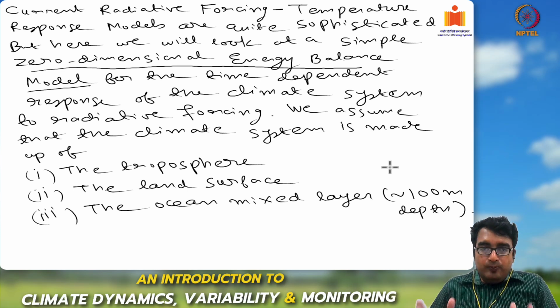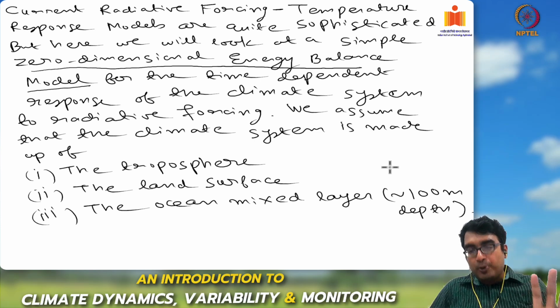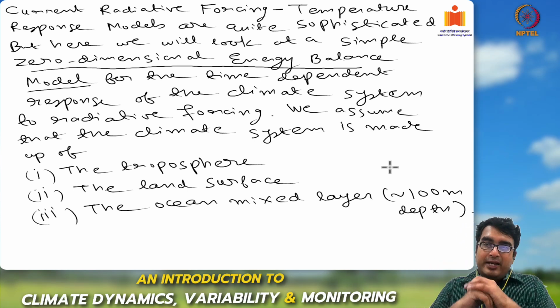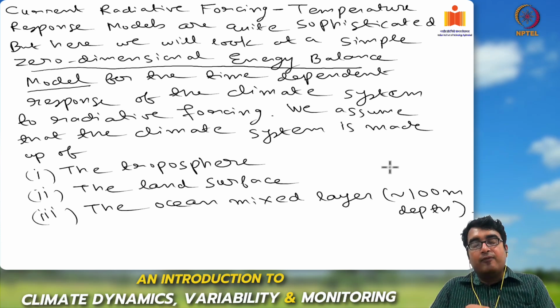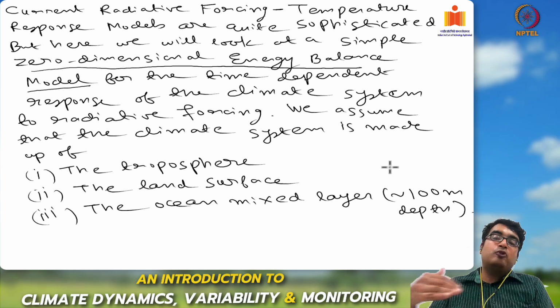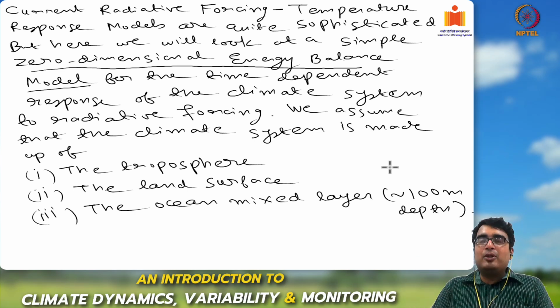We can assume that the climate system is made up of 3 parts. The troposphere, obviously the bottom layer of the atmosphere where the entire climate is constrained. The land surface, which is either absorbing or reflecting the radiation, and the mixed layer of the ocean up to 100 meters in depth, which kind of controls, say, up to 10 years of the climate oscillations.